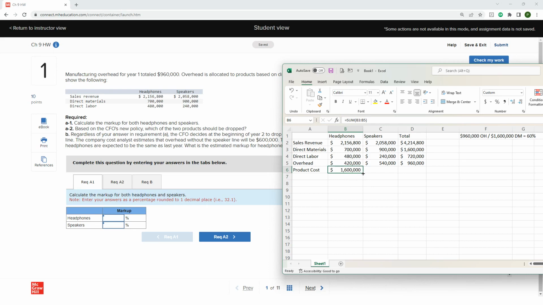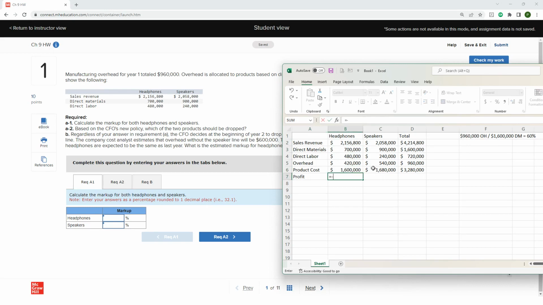And then I can drag from the bottom right corner of this cell over. So it's going to do the same calculations for speakers. And then I can calculate the total here. So now that we have our revenues and our total expenses, now we can calculate our profit.